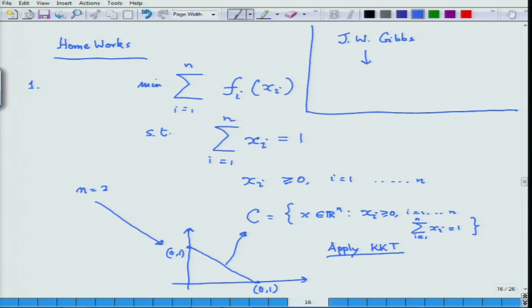This problem was related to thermodynamics, and it came up in the study carried out by J.W. Gibbs in the 19th century. So, here you have a 19th century problem to be solved by a 20th century method. I leave this problem to you to have a look at.